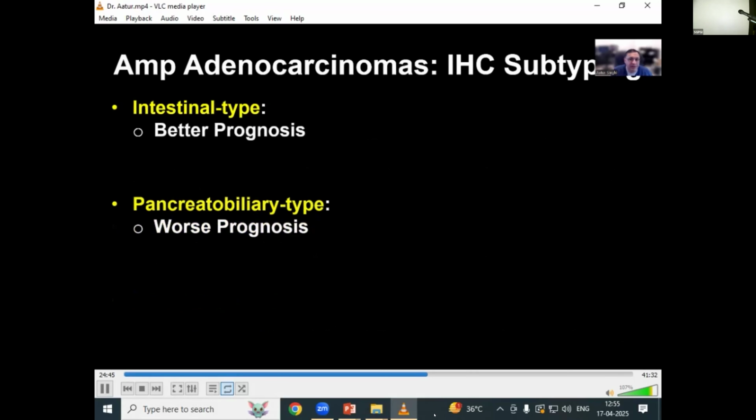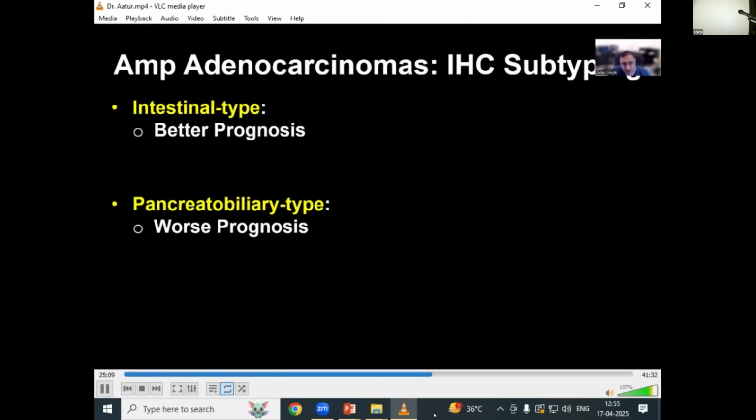But importantly, why subtype? And that's probably the crux of the matter. Well, classic literature states that intestinal type ampullary adenocarcinomas are associated with a better prognosis as compared to pancreatobiliary type adenocarcinomas. Now, one could also argue that the prognosis of both types, especially with lymphovascular invasion, positive lymph nodes, perineural invasion, etc., is bad overall.